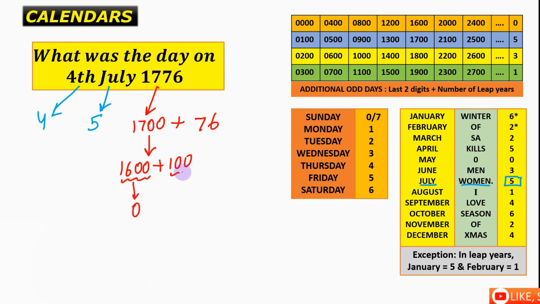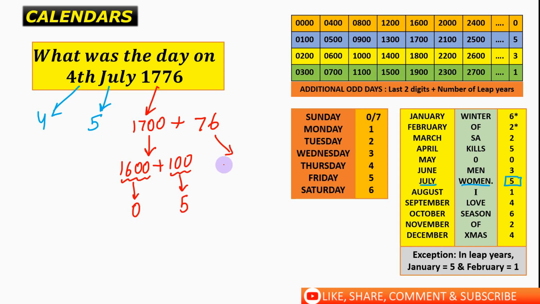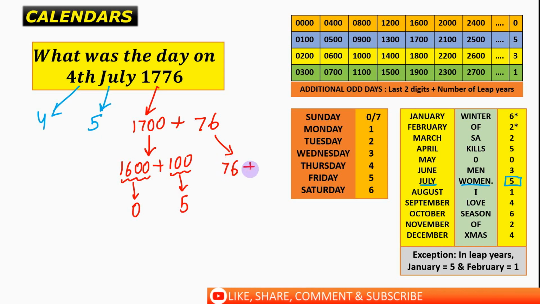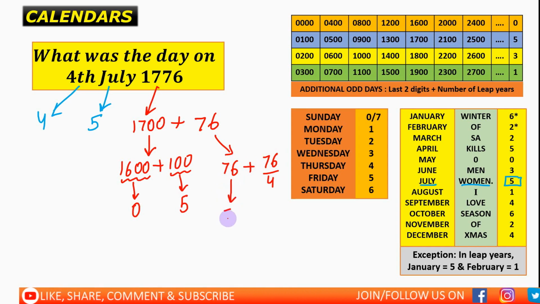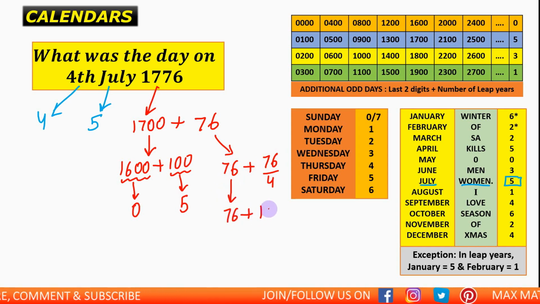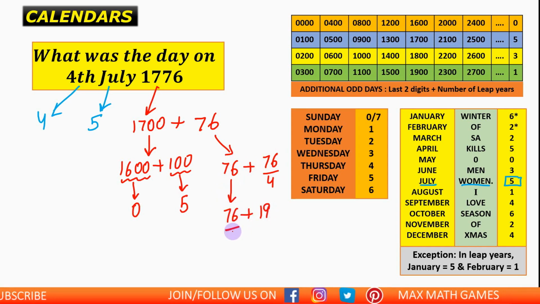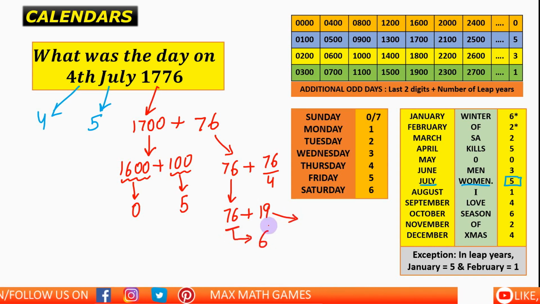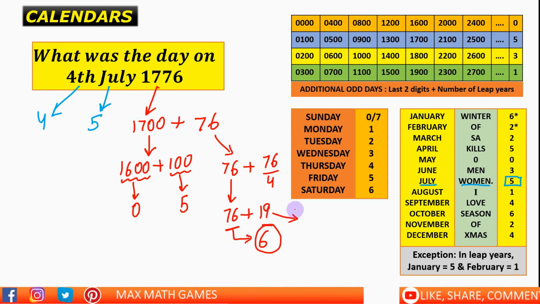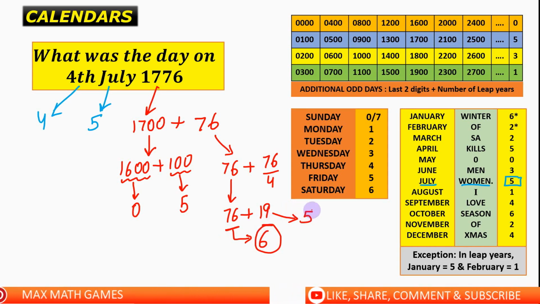Now 1700 is 1600 plus 100, and this is divisible by 400, so there will be no odd days over here. 100 contains 5 number of odd days, and for 76 we are going to write it as 76 plus 76 by 4. So this is 76 plus 19. When 76 is divided by 7, it gives us a remainder of 6, and when 19 is divided by 7, it gives us a remainder of 5.